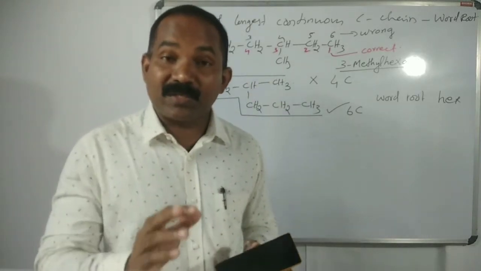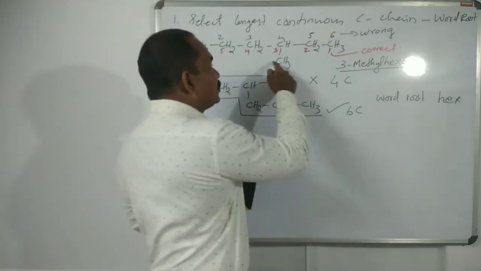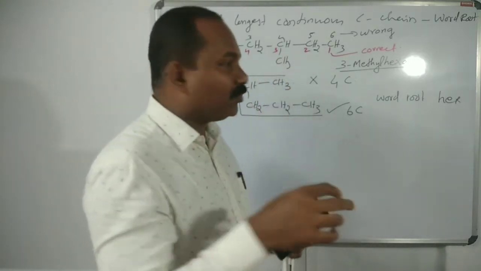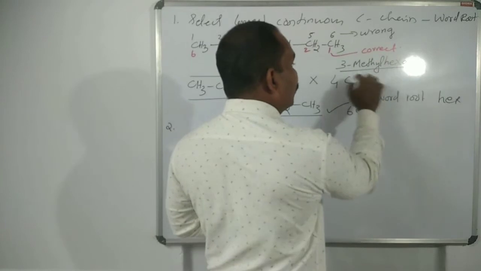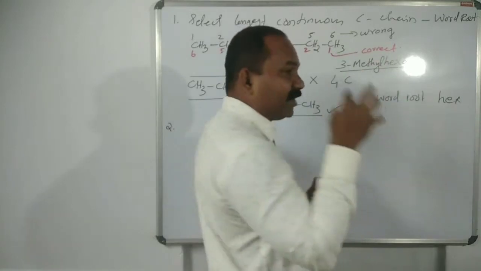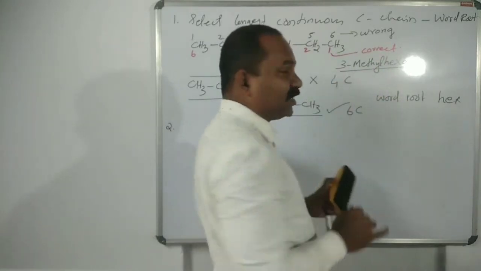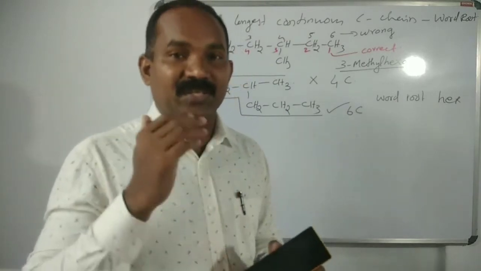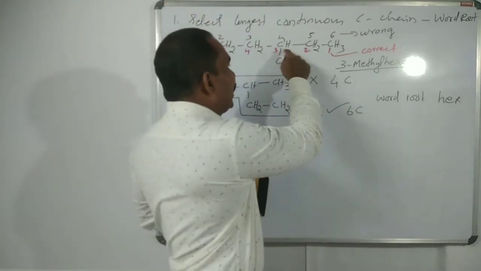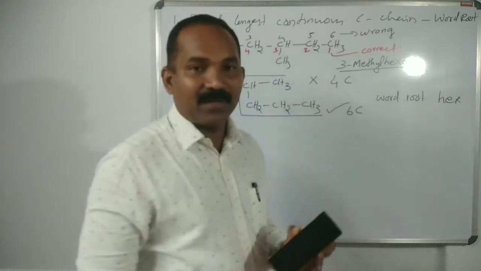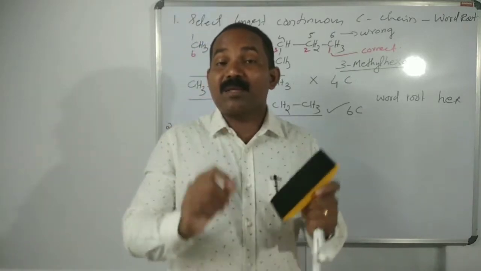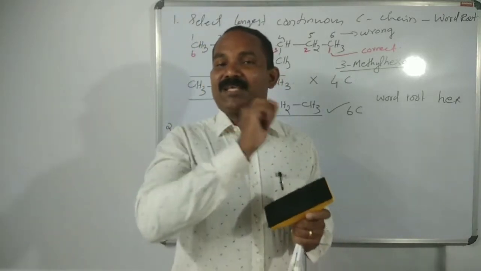The CH3 group is a methyl group, and it is prefixed to the word root. Hex is the word root. It is prefixed and the position is mentioned: at the third position, the methyl group. That's why it is 3-methyl hexane.